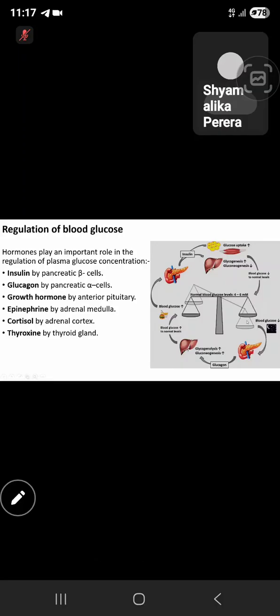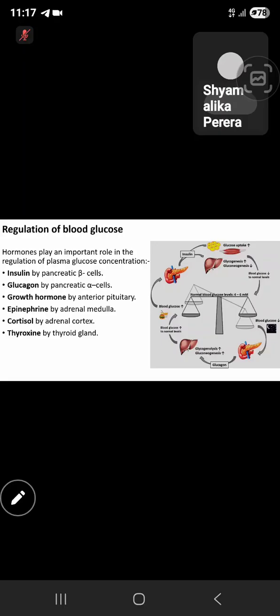Imagine that your blood glucose level goes down. Again the pancreas is signaled, this time to secrete glucagon, when you need more glucose. Glucagon acts on the liver cells and produces glucose from stored glycogen, that is glycogenolysis, the breakdown of stored glycogen.